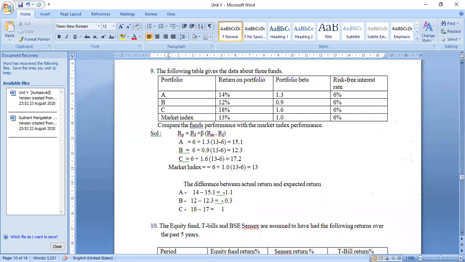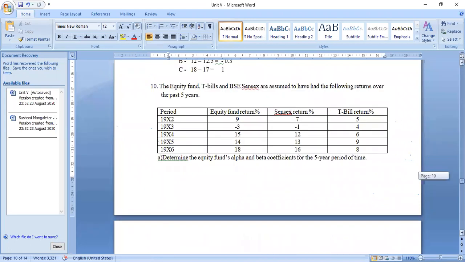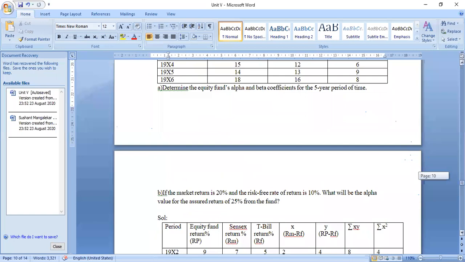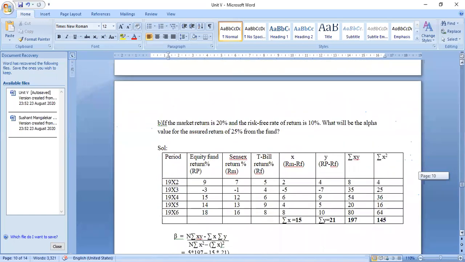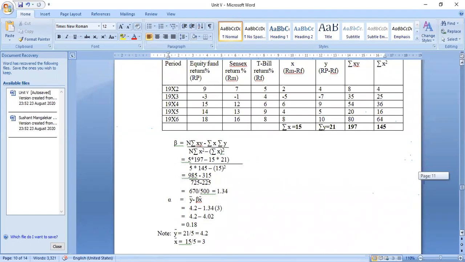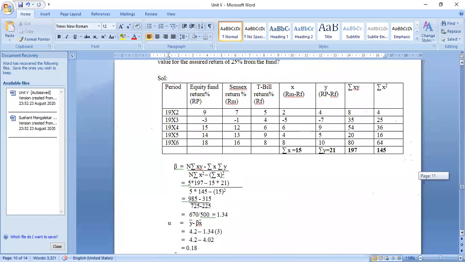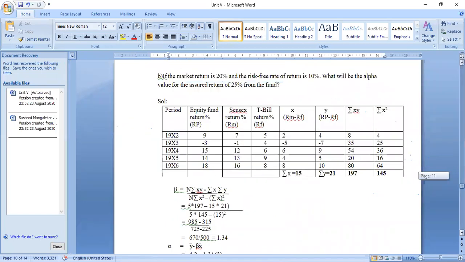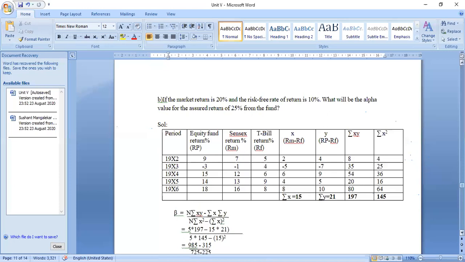So for the 10th problem, can we use Jensen alpha? We can use Jensen alpha, because all the details that we need to calculate Jensen alpha are already there.